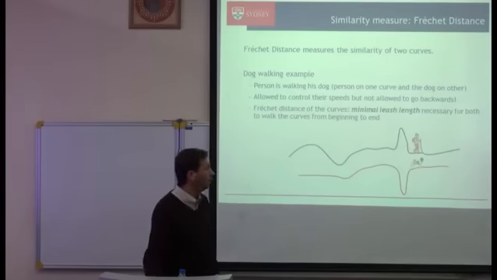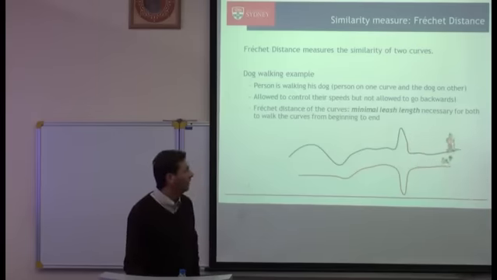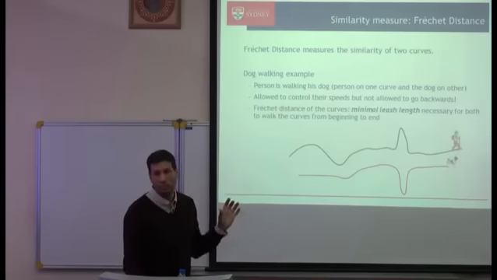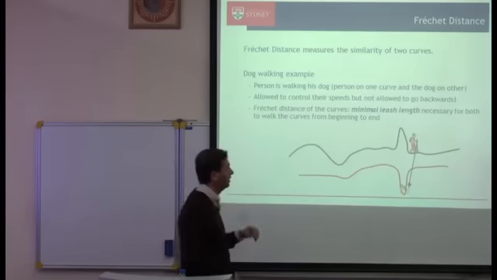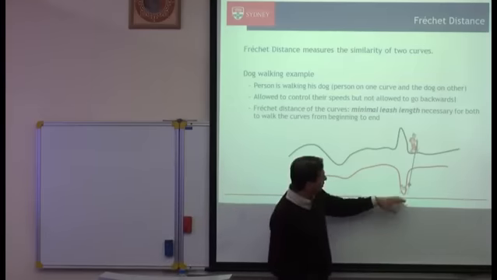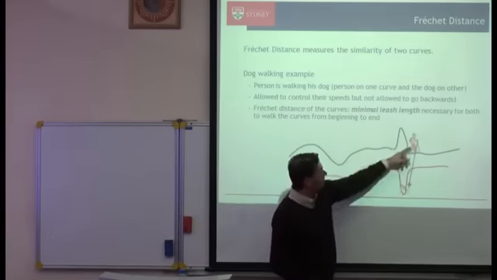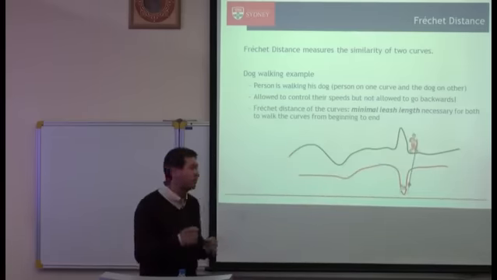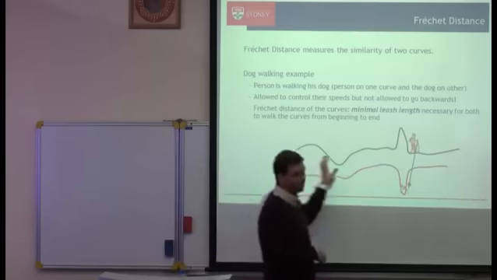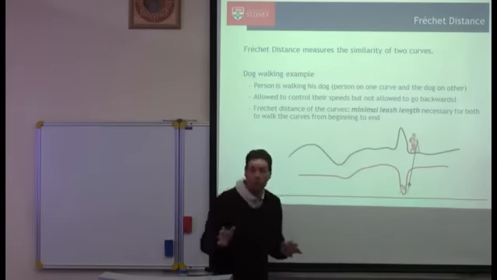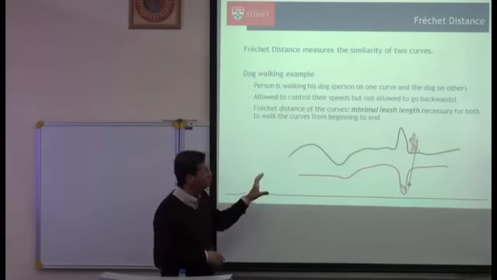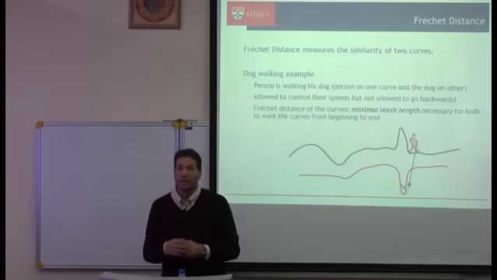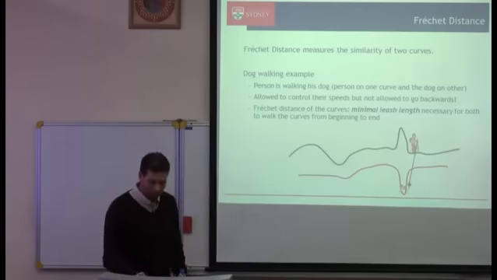Okay, and then they walk to the end, and we're happy. So what is the leash length in this example for this parameterization? Well, the maximum distance is probably here when the dog is at the bottom here and the person is over the bump. So you want to minimize, and now you look at all the movements, all possible reparameterizations of the speed along the two curves, and you take the minimum of all of them. Okay, that's the informal definition.